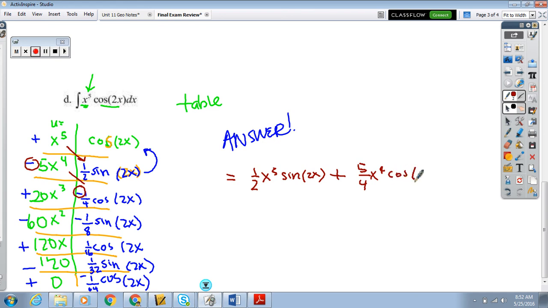Cosine of 2x. Next term is, and I'm not going to simplify these fractions, hashtag lazy, 20 over 8, it'll be negative x to the 3rd sine of 2x.